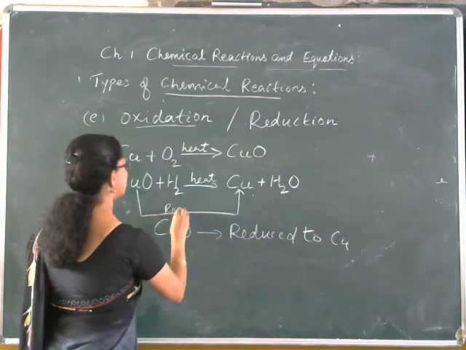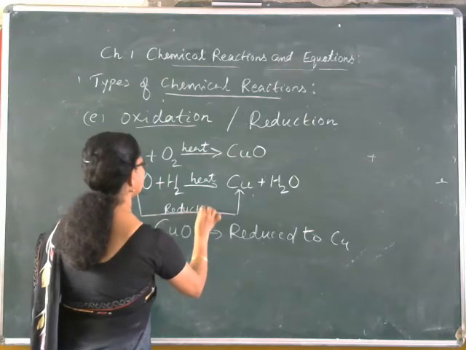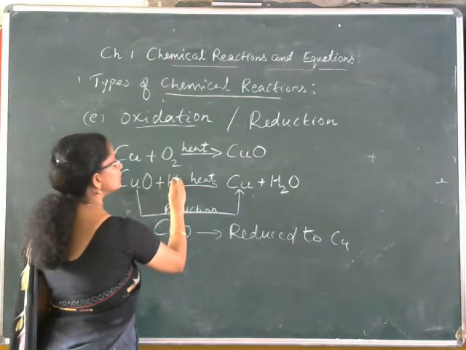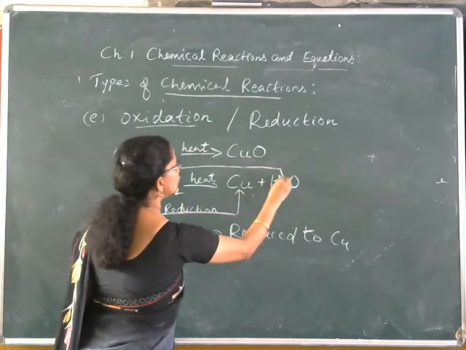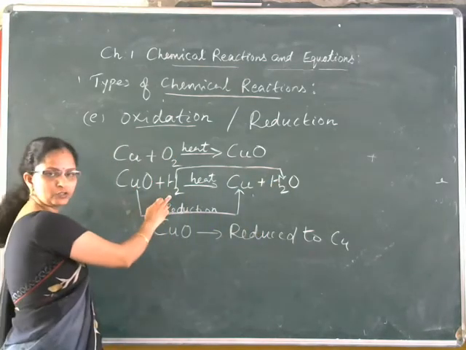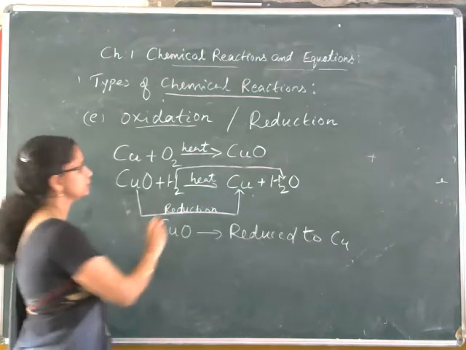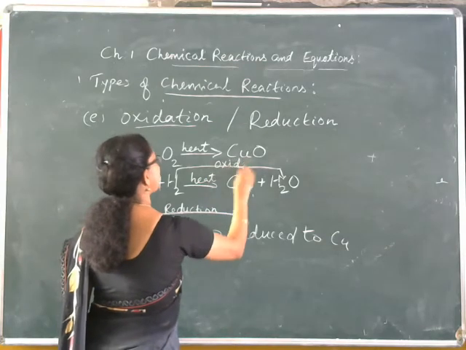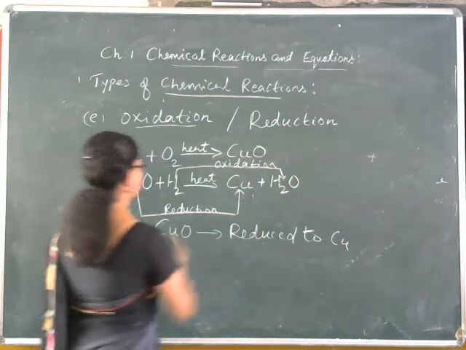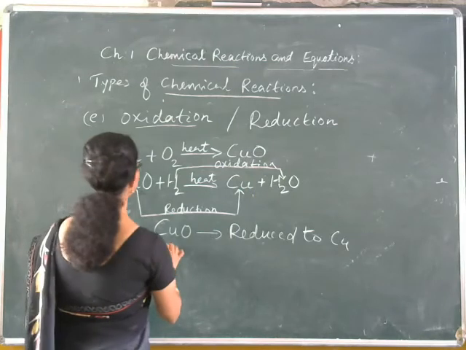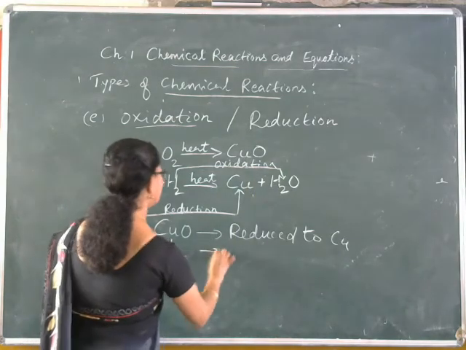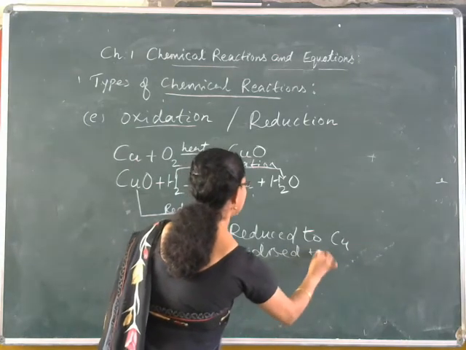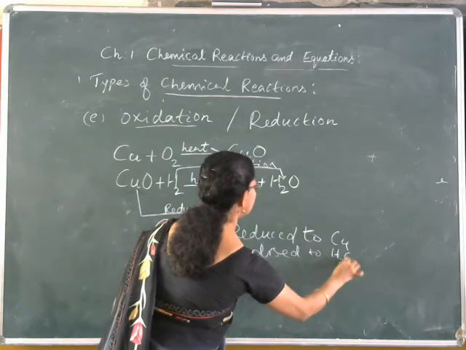Here reduction happens. At the same time, H2 became H2O, that means along with hydrogen, oxygen is added. So this is oxidation. CuO is reduced to Cu, whereas H2 is oxidized into H2O.